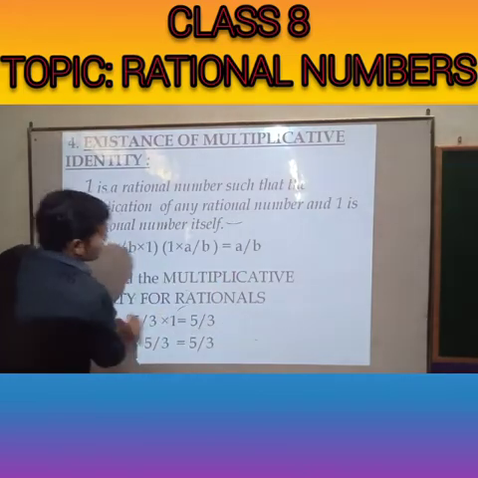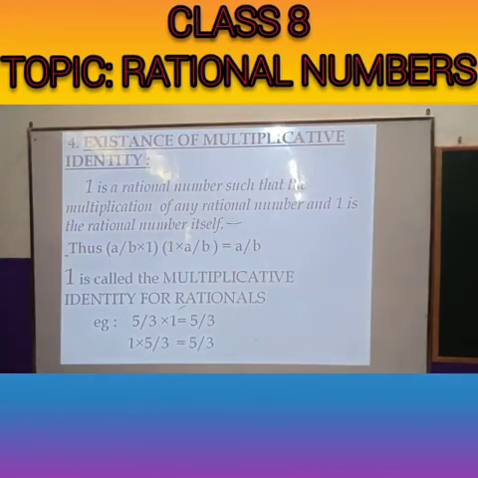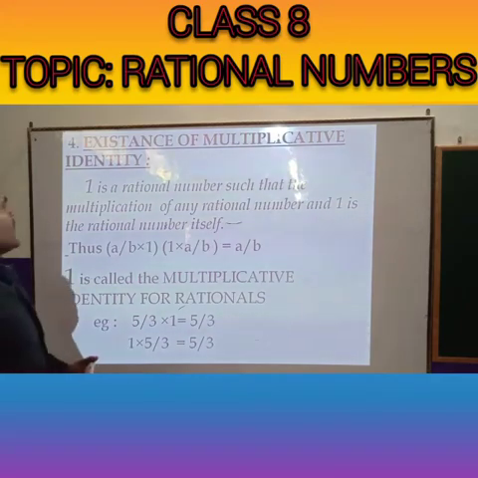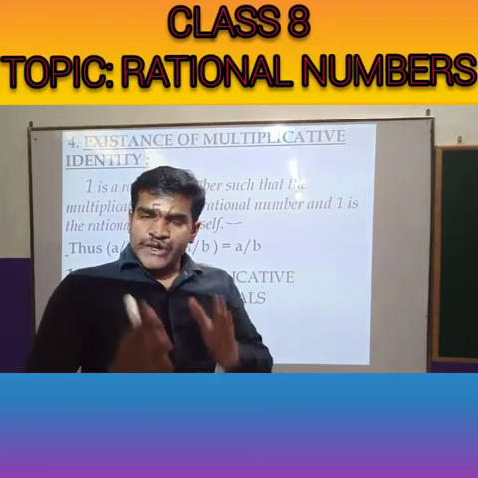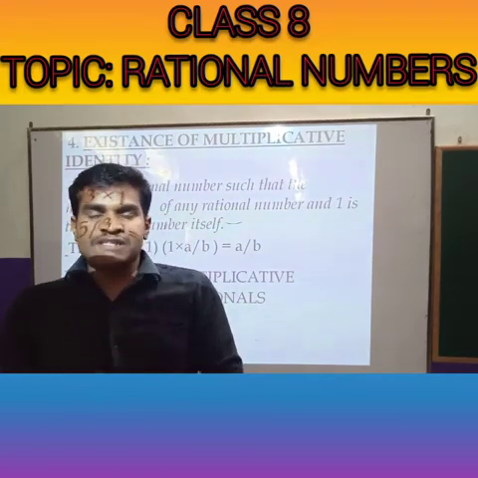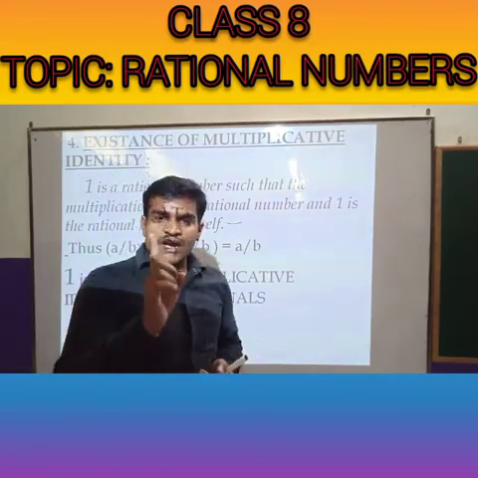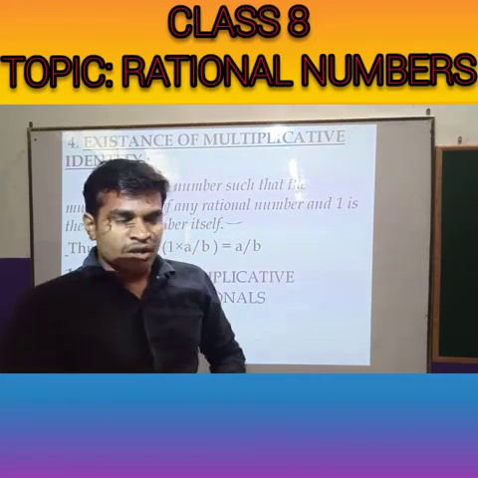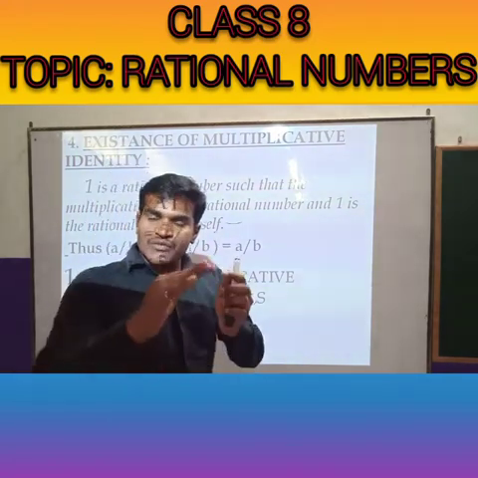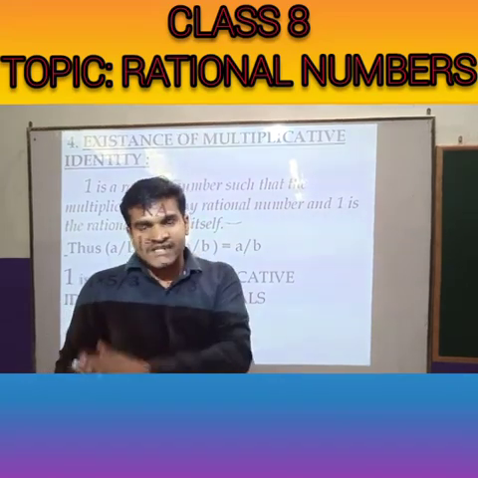Now, existence of multiplicative identity. I recall that in the last class we learned the existence of additive identity. So the additive identity of rational numbers is 0. Why? When we add 0 to any rational number, we get the rational number itself.